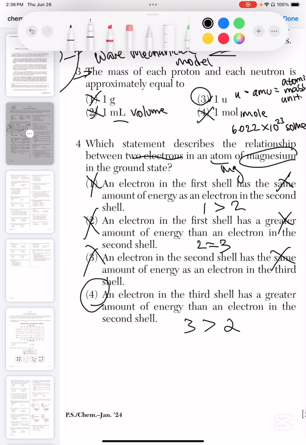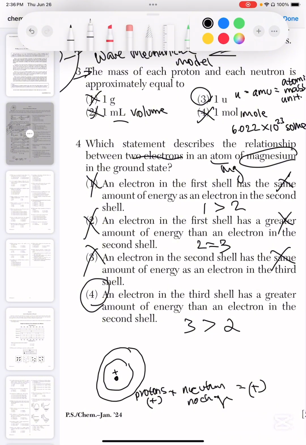Yeah, this makes sense because this is the nucleus, right? It's positively charged because it has protons, which are positive, plus neutrons, no charge. And then these are the electron shells, right? And they're negatively charged. So opposites attract and like charges repel.